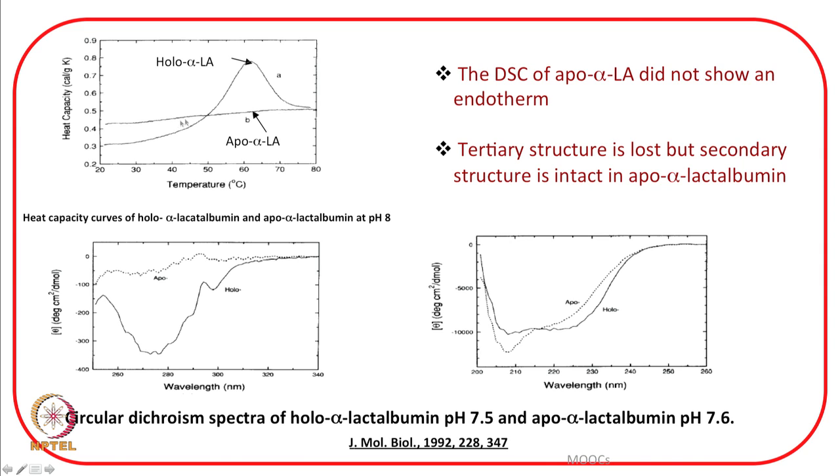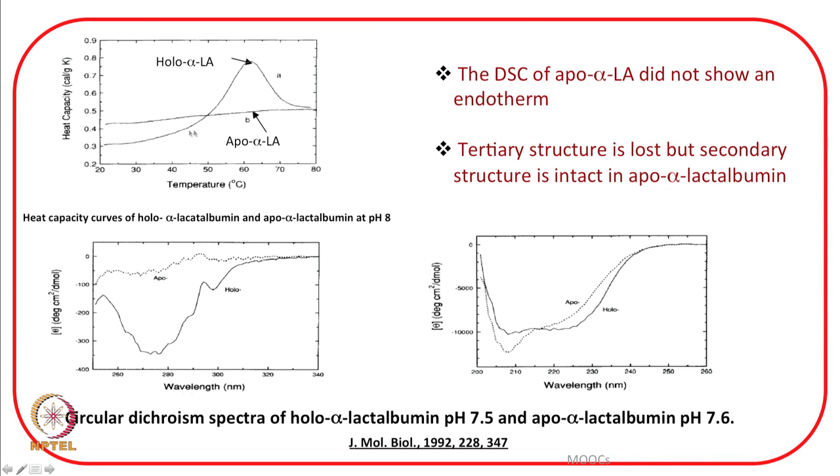If we get a flat line like this, then an immediate conclusion should not be drawn that the protein is in the denatured form. As demonstrated over here, there is no thermal transition observed, but still the protein has secondary structure which is almost the same as that of the native state, but has poorly defined or lost tertiary structure.